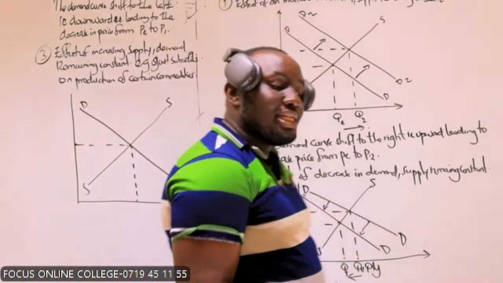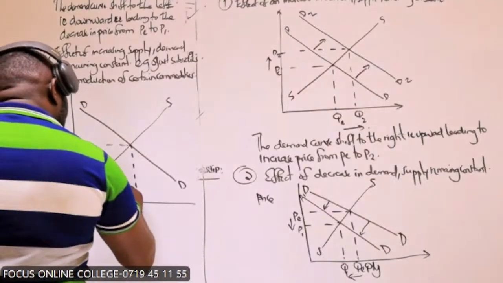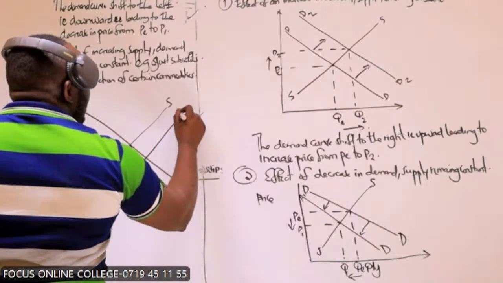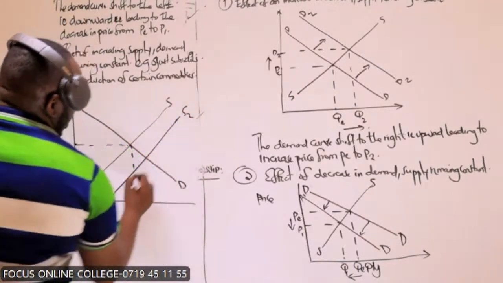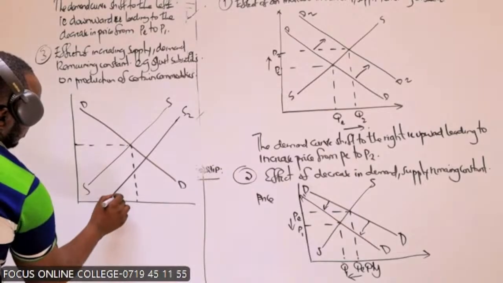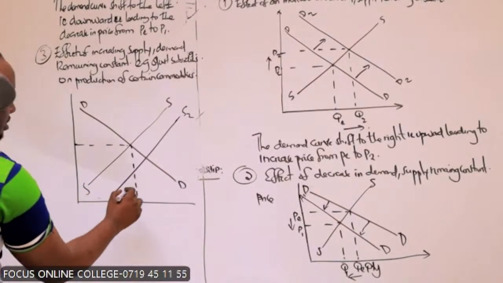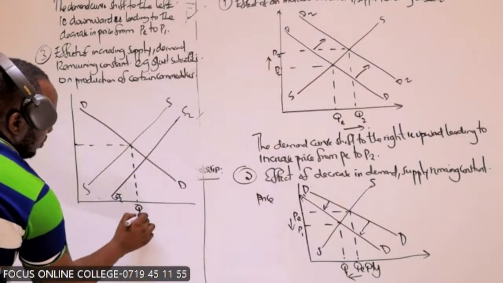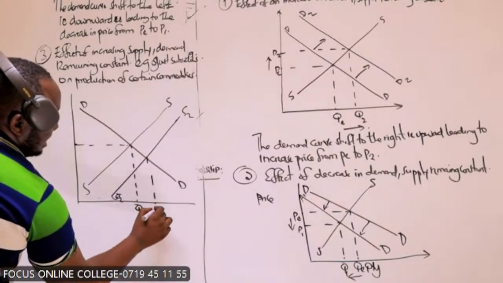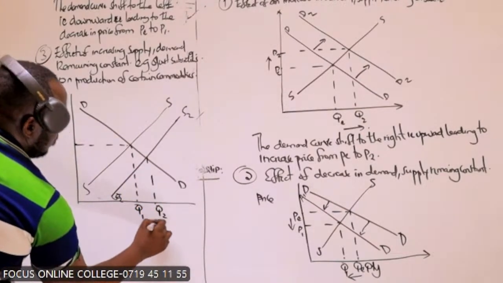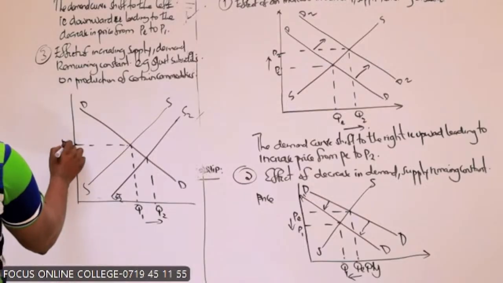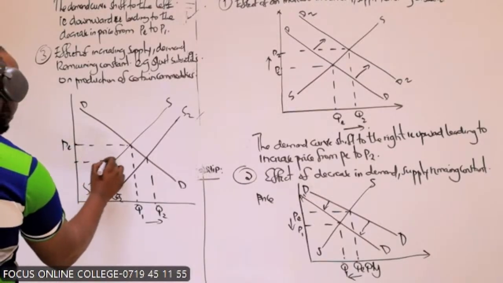If supply is increasing, we have S2. If you look at this question on December 2024, the quantity supplied is increasing, this was QE, and this was PE. What happens to the equilibrium price?